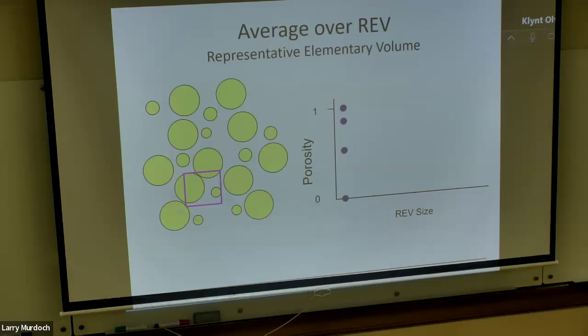And now we have a volume of pores, the total volume that's there. It looks like it's a little bit less than 0.5. And then there it's a bit higher. And we move this volume around and we get different values of porosity as we move it around.